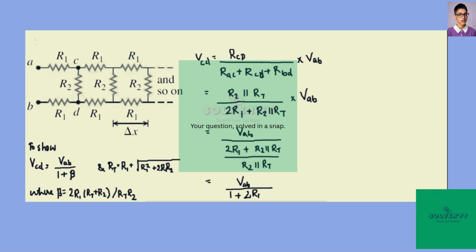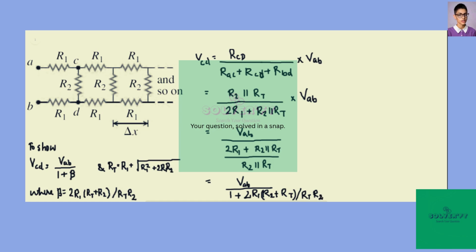R2 parallel RT is simply R2 RT upon R2 plus RT, and since this is a division, we take the reciprocal, so RT plus R2 upon RT times R2.